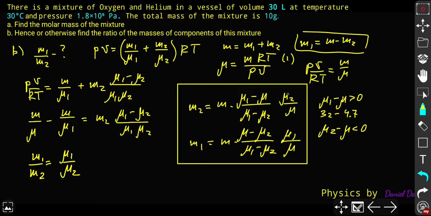I just divide the right sides of that, and also the mu1 minus mu2 will be cancelled, so we'll stay with mu minus mu2 over mu1 minus mu. Okay, that's what we're gonna have in the end.